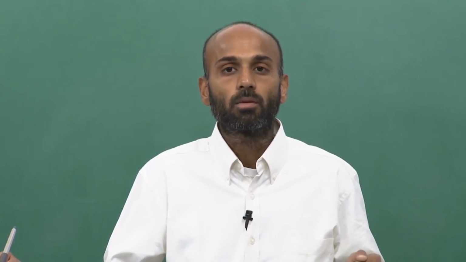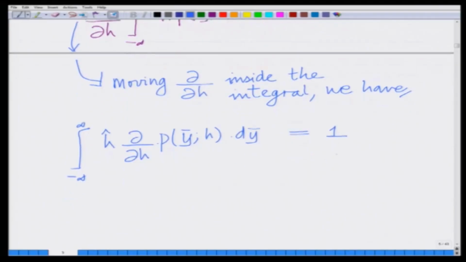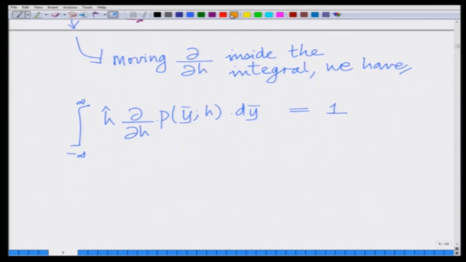p of y bar parameterized by h, and now you can see I can once again multiply and divide by p of y bar.